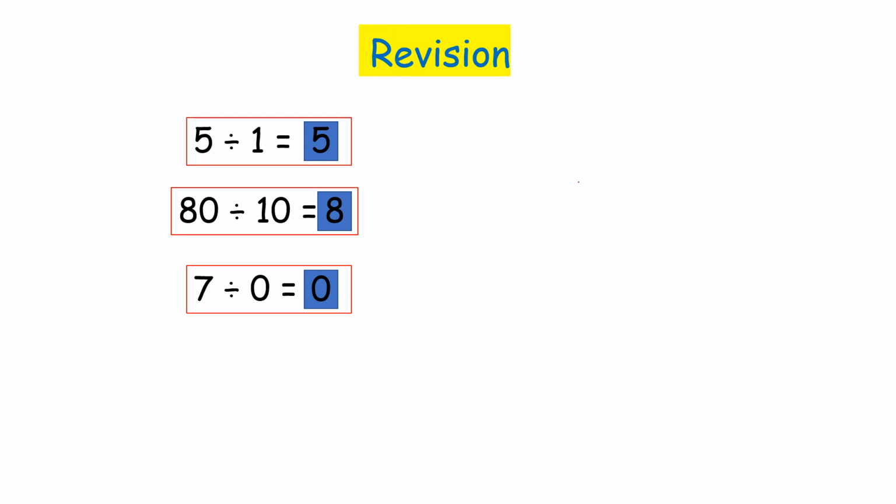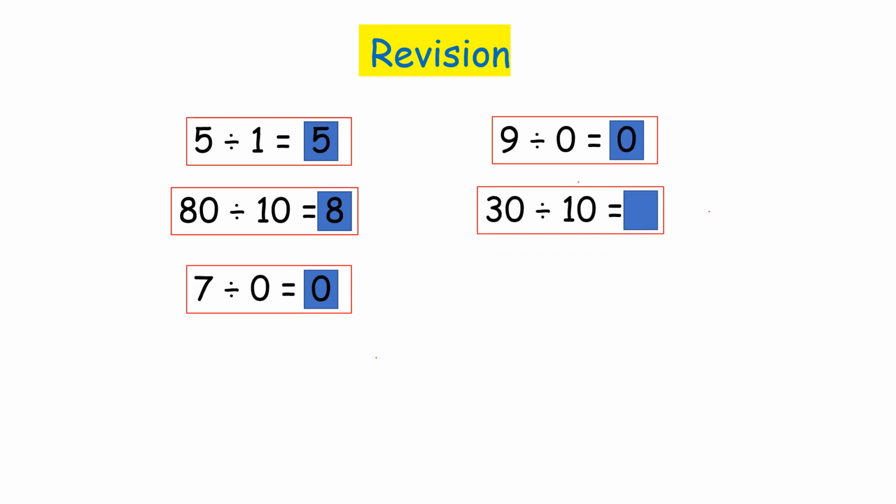And 0 divided by any number equals 0. Next, 9 divided by 0 is 0. 30 divided by 10 is 3. And last one, 6 divided by 1 equals 6.